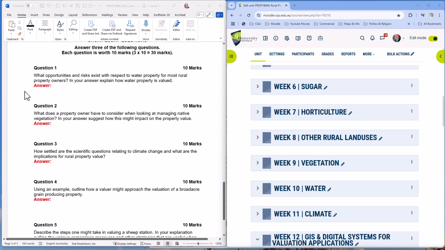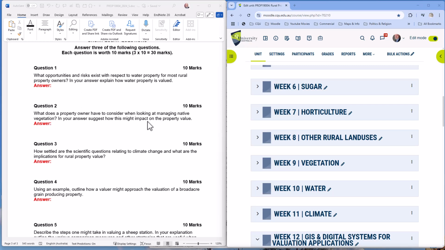Okay, so here what do we see? Question 1, talking about water property. And if we look at that, we really see, when we're talking in terms of risks and opportunities and so on, and the valuation of water property, it really is an open opportunity to answer a 10-mark question with pretty much a comprehensive description of the significance of water property for the value of any particular rural property.